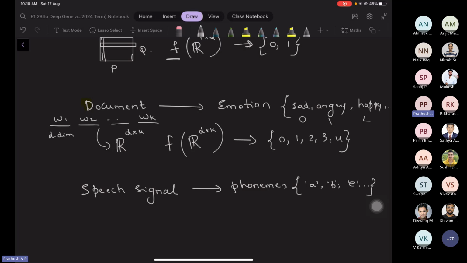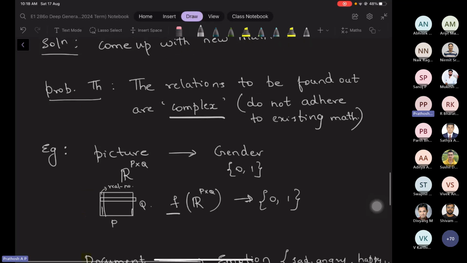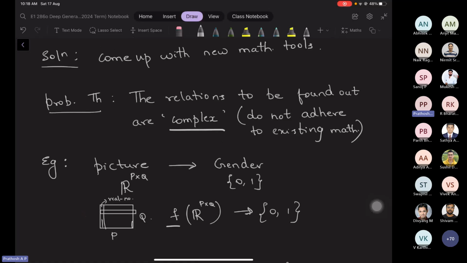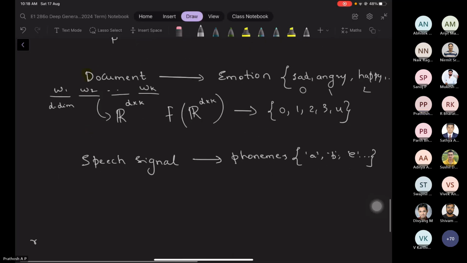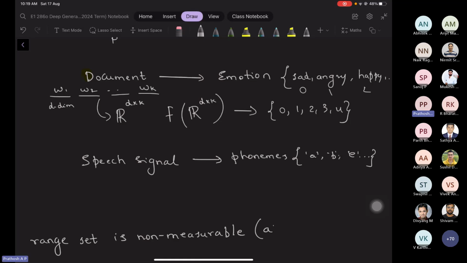See, what is the commonality in all this? The commonality in all this is the range set. Let me just tell you this. The range set is non-measurable. It is not measurable, right? Or rather, I'll call this abstract.